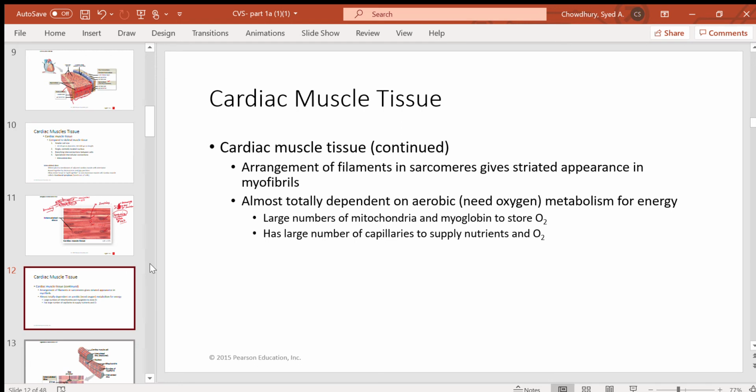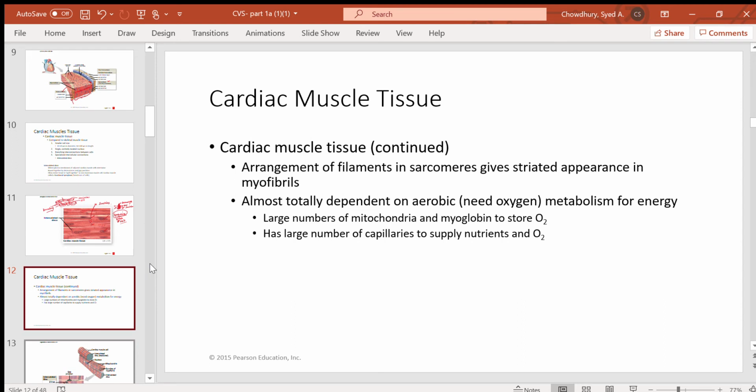Cardiac muscle tissue continuously needs oxygen supply as well as nutrition for metabolism, because you know that the heart is the organ which is continuously working throughout life, right? No rest. If your heart rests, then you know what can happen, right?